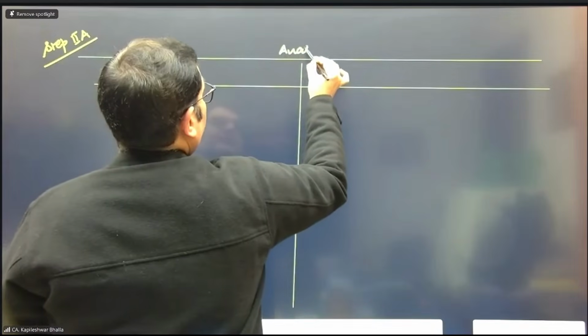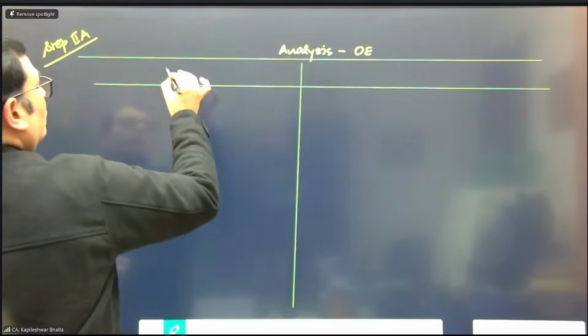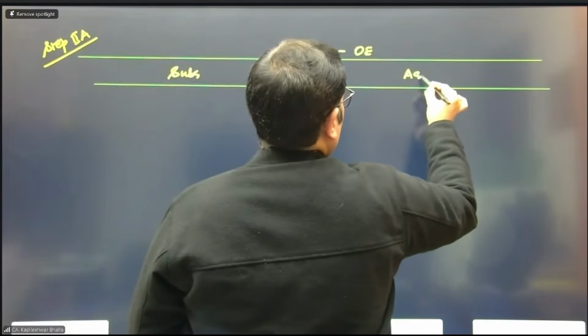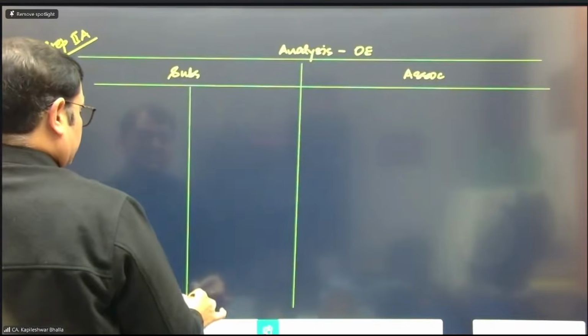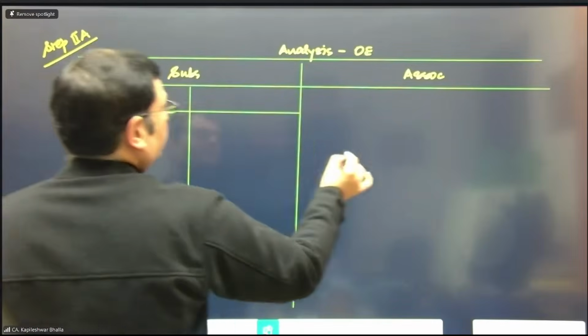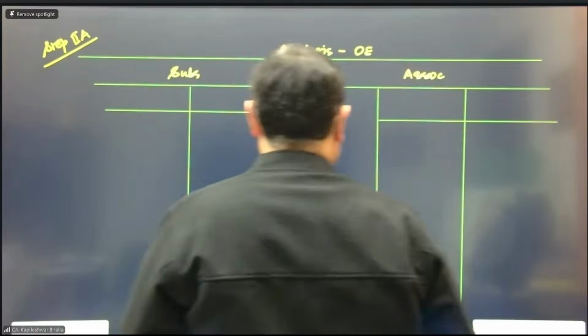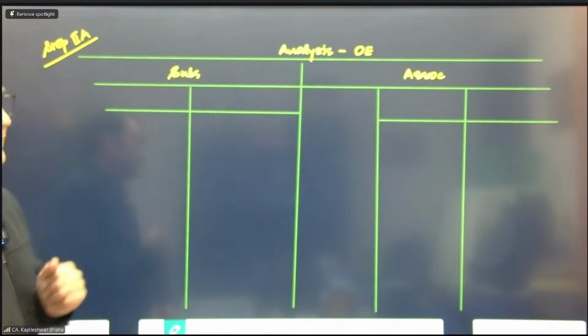So we need the analysis of other equity. One is for the subsidiary company and one is for the associate company. And split this in terms of pre and post. So let's begin with the analysis of other equity.